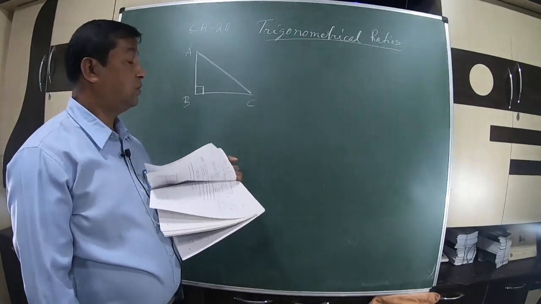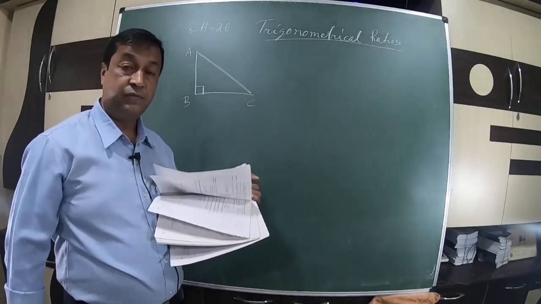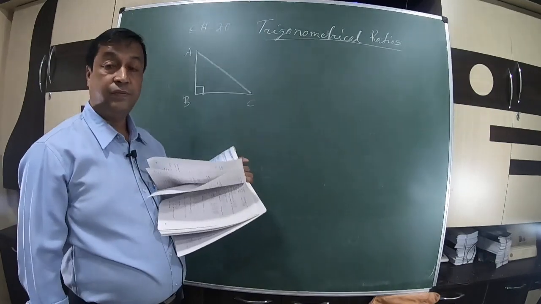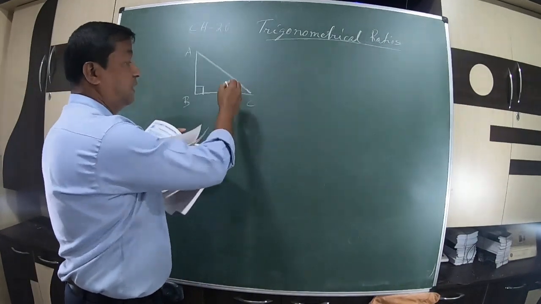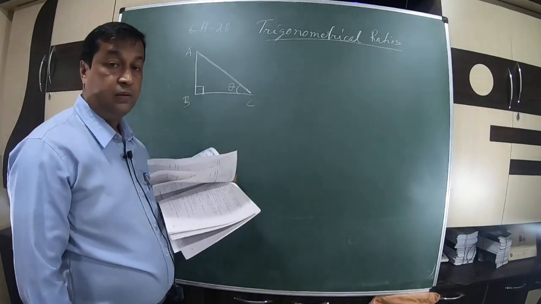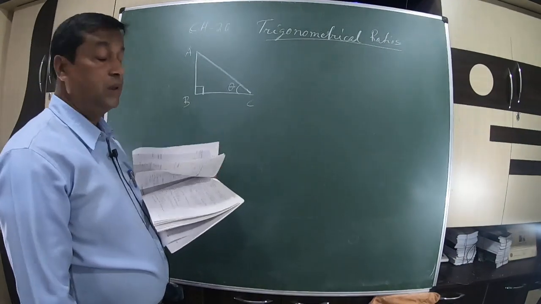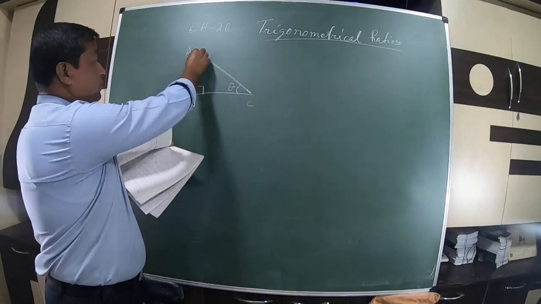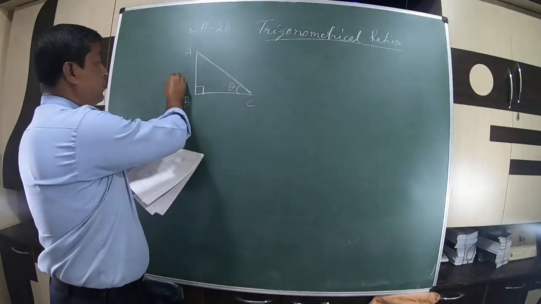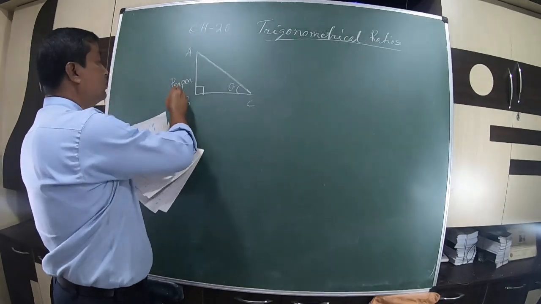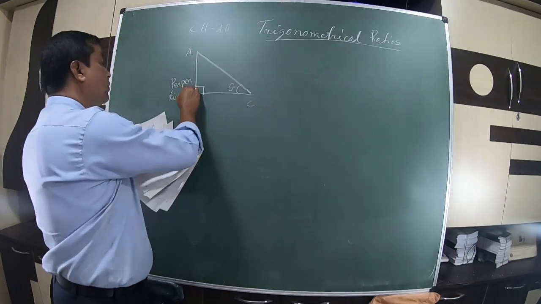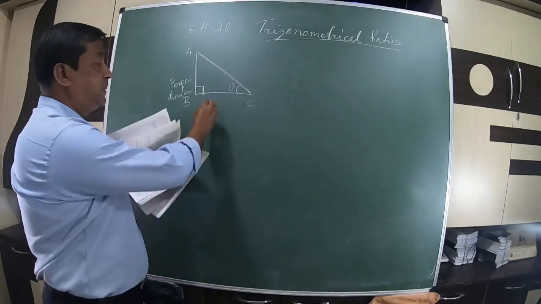So if you take this triangle, and consider this angle C as theta, then this side AB will be the perpendicular, because this is 90 degrees with BC.